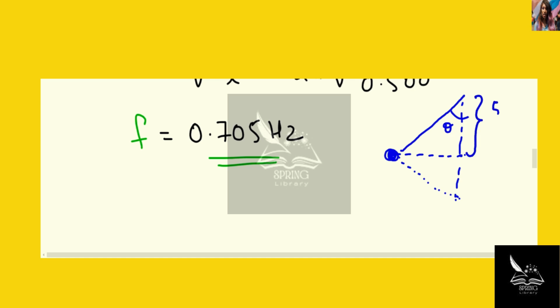It is 50 minus 1.6 centimeter, that is equal to 48.4 centimeter. And this is h1, that is equal to 1.60 centimeter.